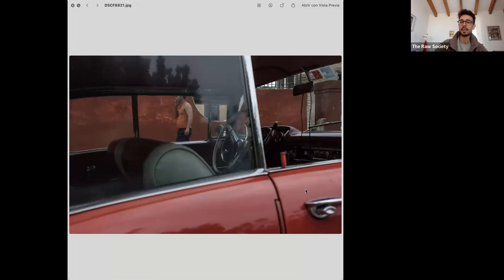But I am also adding a little bit of information there, like the steering wheel of the car, the color, and together with the rest of the sequence, you can tell that it's Cuba or something related to that, right? But still pretty simple, which is the point here.